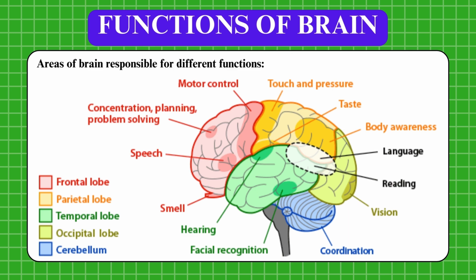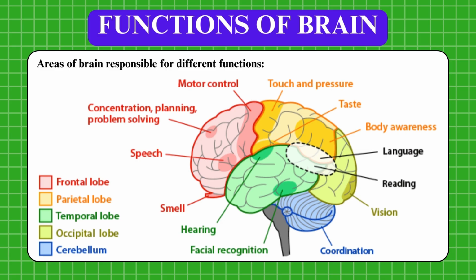Then, let's see the parietal lobe. Parietal lobe, first area responsible for touch and pressure, then taste, then third area is responsible for body awareness. So, parietal lobe is responsible for 3 functions. Then, temporal lobe. Temporal lobe, the upper area is responsible for hearing, then lower area is responsible for facial recognition.